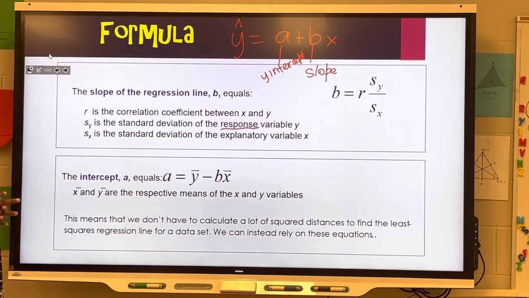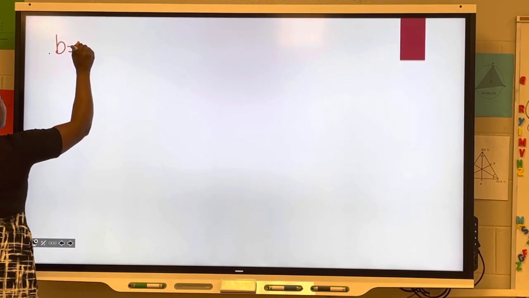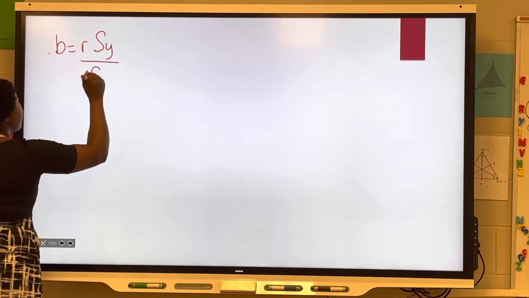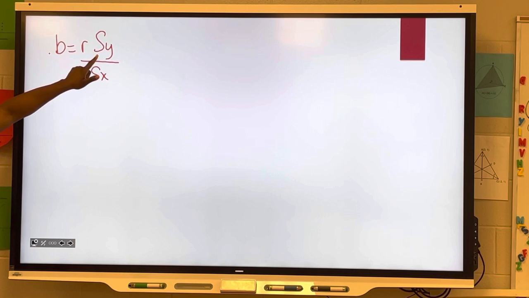On the next slide, I'll show you how you can break these apart and solve for whatever variable you have missing. So the first slope formula is b equals r sy over sx. Remember that's the slope, the correlation coefficient, the standard deviation of y values, and the standard deviation of x values.